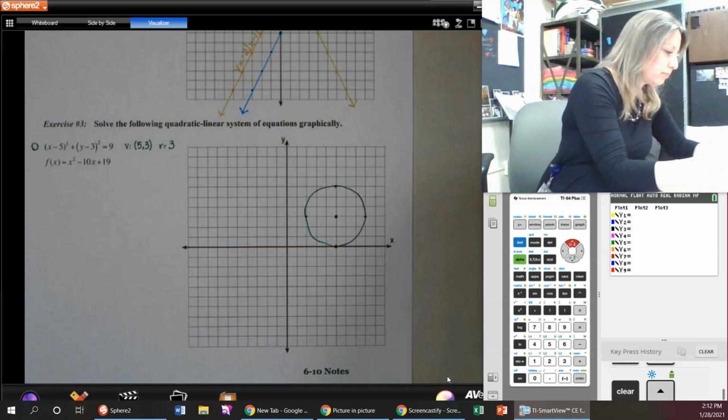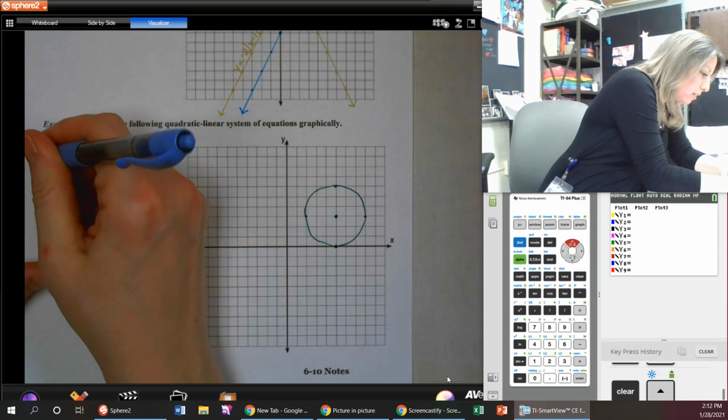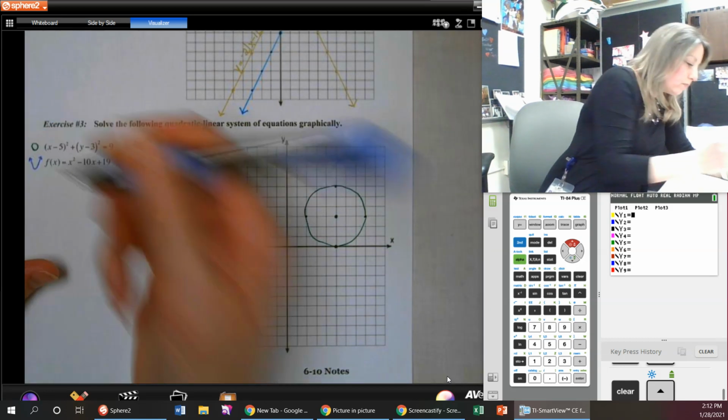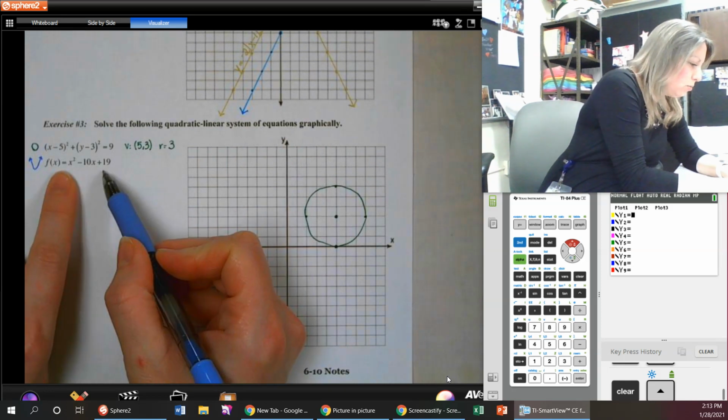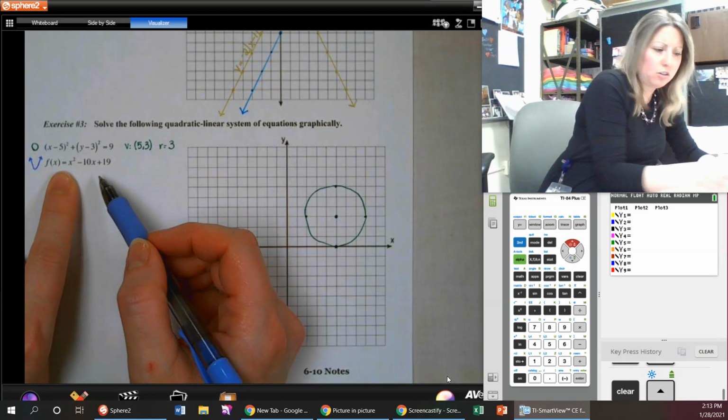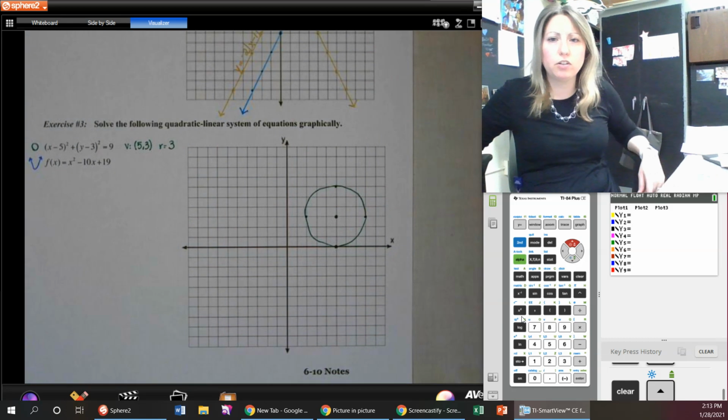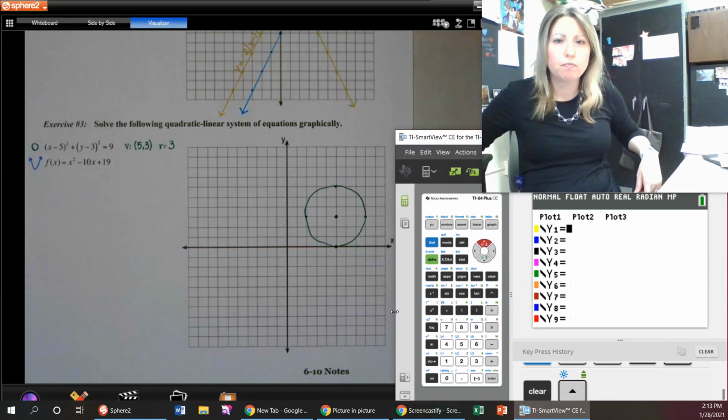Parabola. So the other one is a parabola, a smiley face parabola. How about I plug that into my graphing calculator to get the points for it? Arrow right. I'm just going to do it down here in Y2 where I've already got blue.